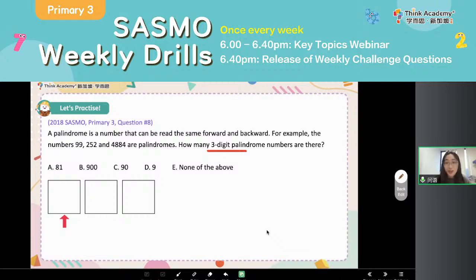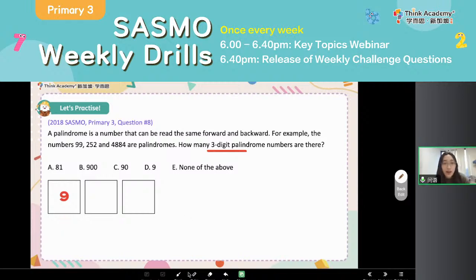From digit 1 to digit 9, how many choices are there? I saw some students say 8. Look, you can put digit 1, digit 2, digit 3, digit 4, digit 5, digit 6, digit 7, digit 8, digit 9. So actually you see that there are 9 choices, right?